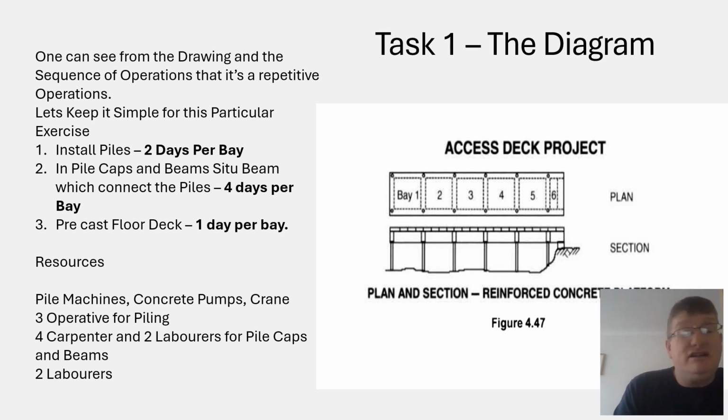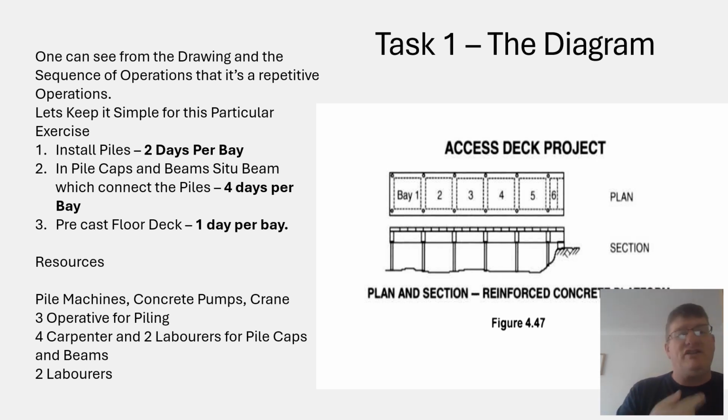Then you only need 2 laborers for the floor decks, because one is just there to indicate to the crane driver where you want the beams, and the other is there for health and safety as well, a bit like a banksman, if you like.